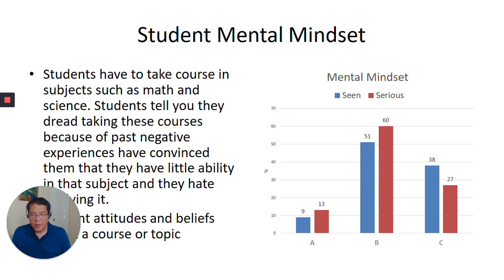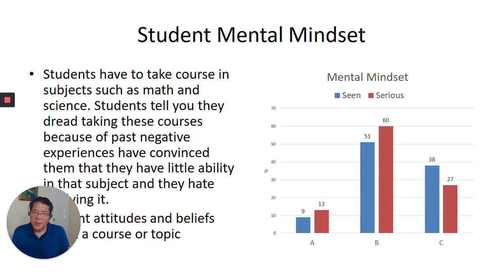You may have heard of growth versus fixed mindset. The idea of a fixed mindset is that students think they're just inherently good or bad at something. We see this in math all the time, where students think they're not good at math, and so therefore they don't put forth the effort because they think that you only have a certain fixed amount of math ability, and that's not changeable through their own effort.